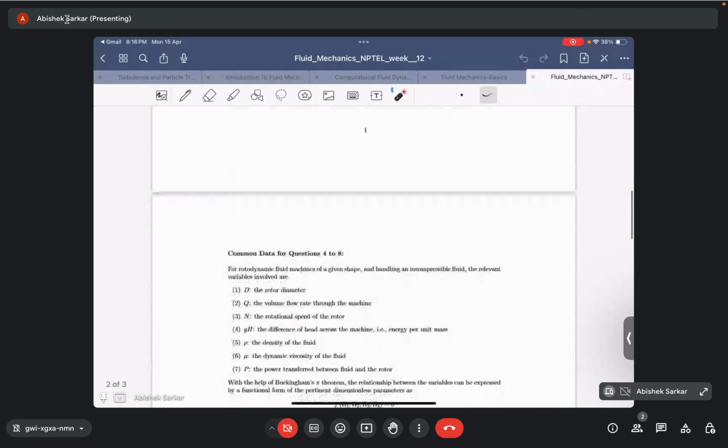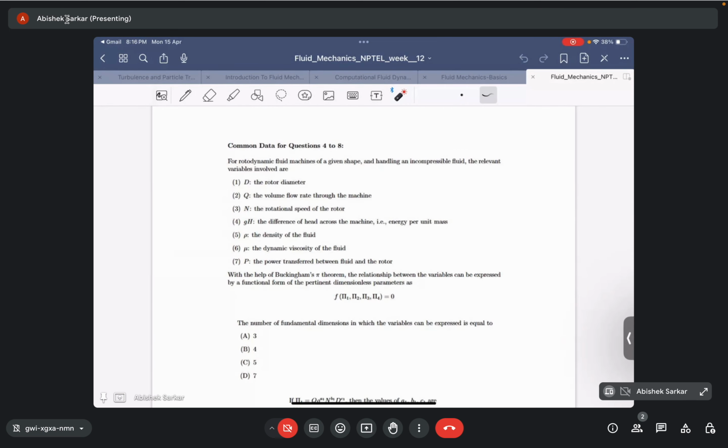Okay, now we have an interesting question. There are 5 questions plugged in together, so let us go through the question slowly. A rotodynamic fluid machine of a given shape is handling compressible fluid. The relevant variables involved are D, the rotor diameter; Q, the volume flow rate through the machine; N, the rotational speed of the rotor; gH, the difference of head across the machine, energy per unit mass; rho, the density of the fluid; mu, the dynamic viscosity of the fluid; and P, the power transfer between the fluid and the rotor.